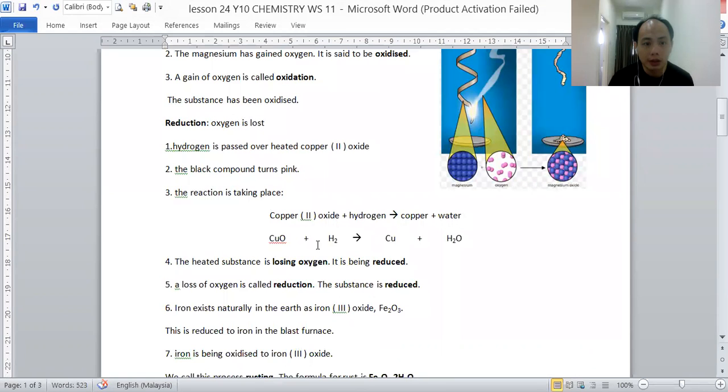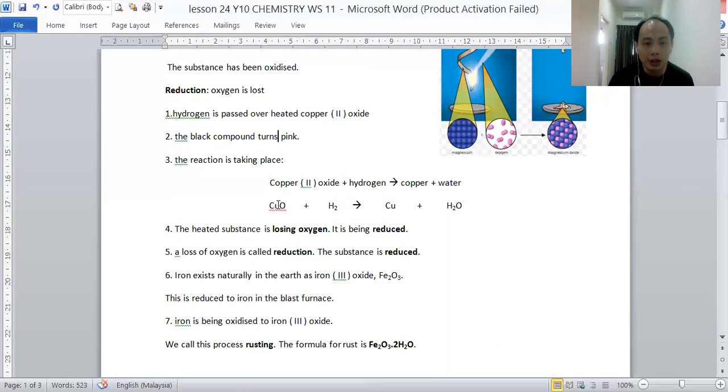Okay, another example will be this one. I have mentioned already just now. CuO becomes Cu, loses oxygen, so this one is reduction. And H2 become H2O, this one is oxidation. Okay, so the next example will be iron.